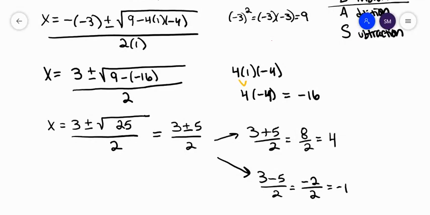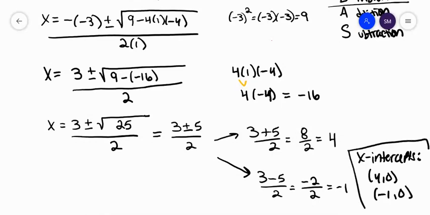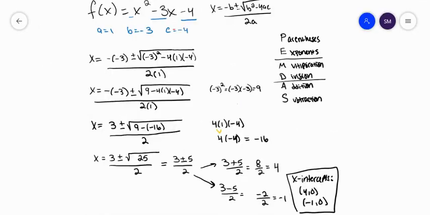So my x-intercepts for this function, or my solutions to the function, are (4, 0) and (-1, 0). So the important thing to take away from this video is that when you are evaluating an expression from plugging into the quadratic formula, you need to follow the order of operations.